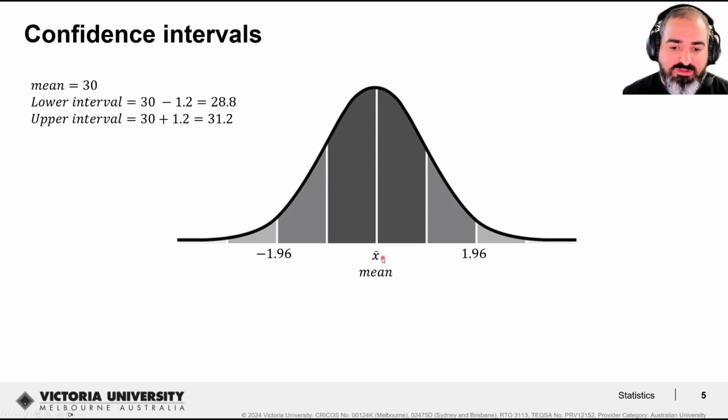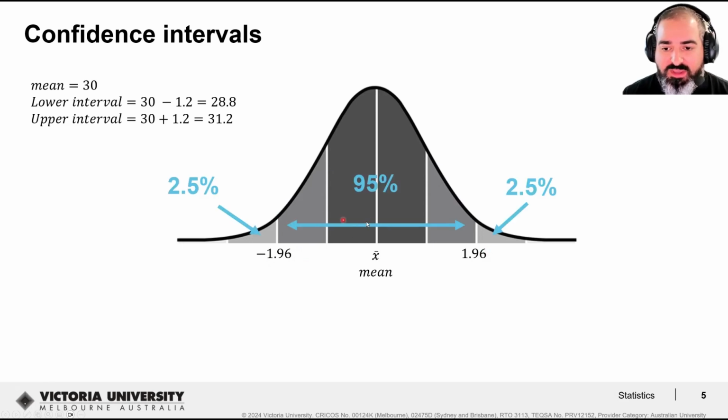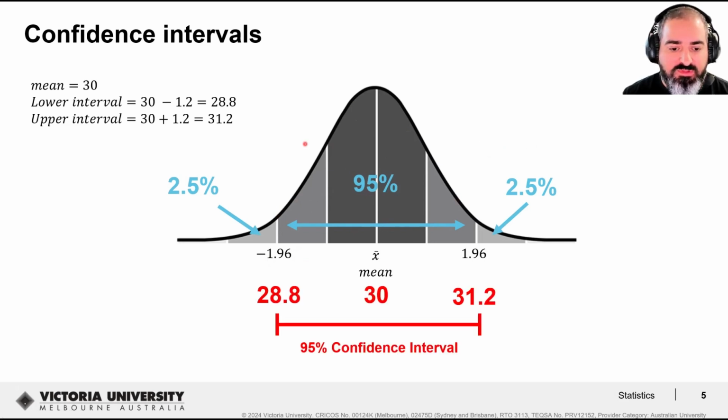So if we went the mean and then 1.96 standard deviations below the mean, and then 1.96 standard deviations above the mean, then that would be about 95% of the data. And then on either side of that, so 2.5 and 2.5, add them together, you get the 5%. So that's where our 95% confidence interval comes in.